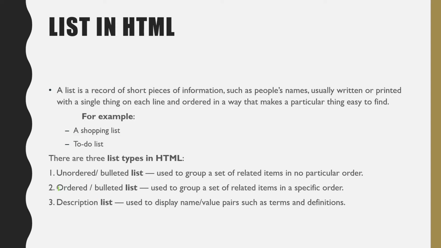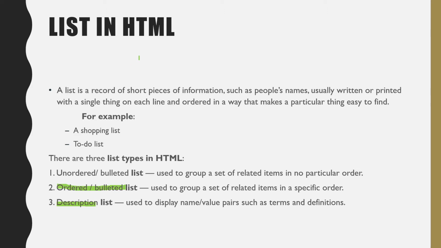In the second one, the ordered list, we have a specific order like first, second, third, or A, B, C. In the description list, there is no such order, but it is used to describe some terms and definitions. So this is the third type of list.